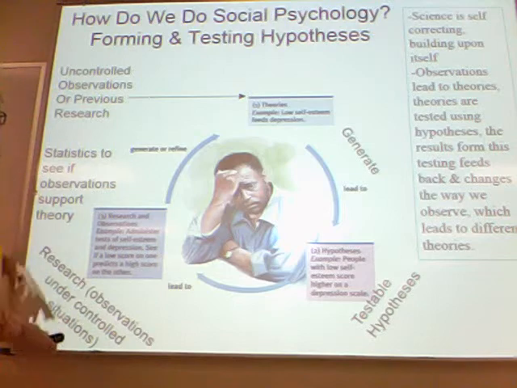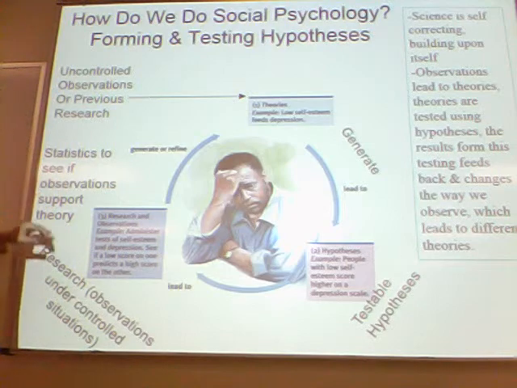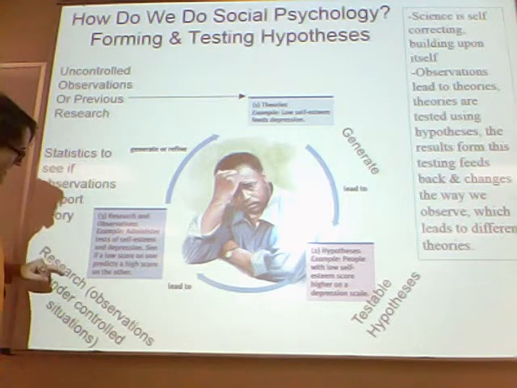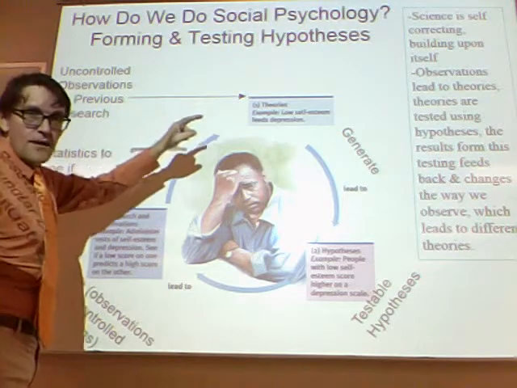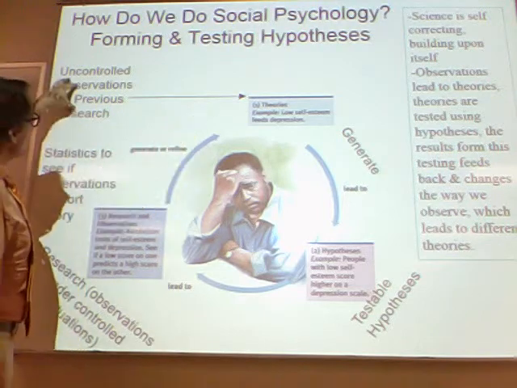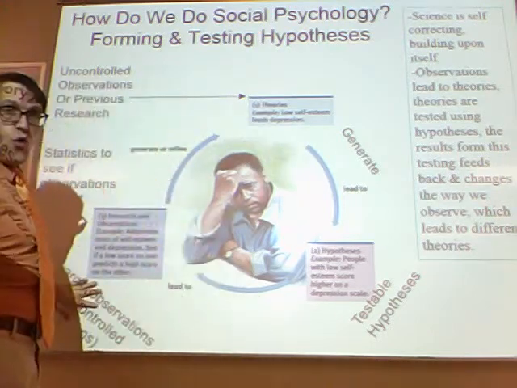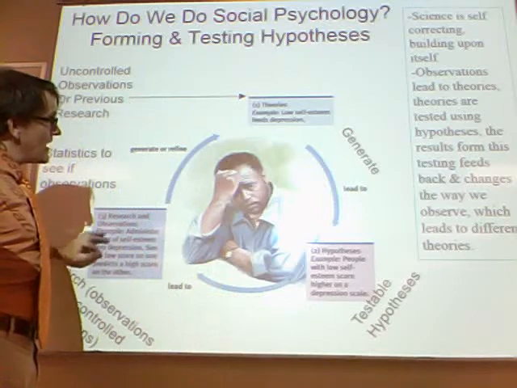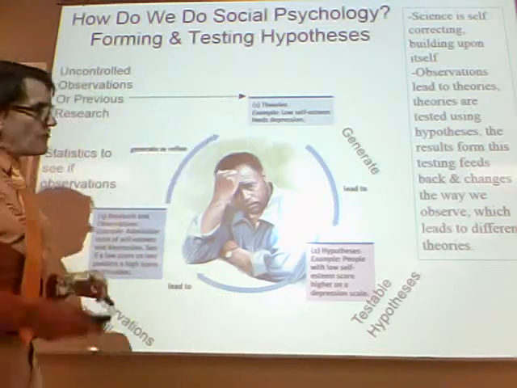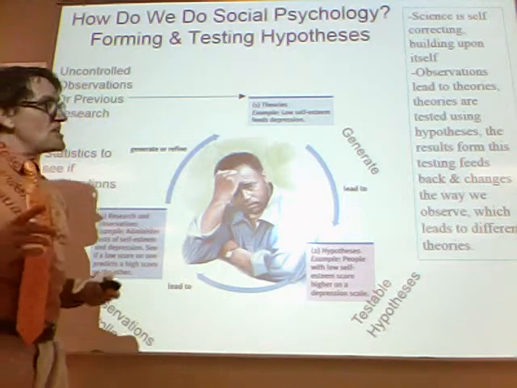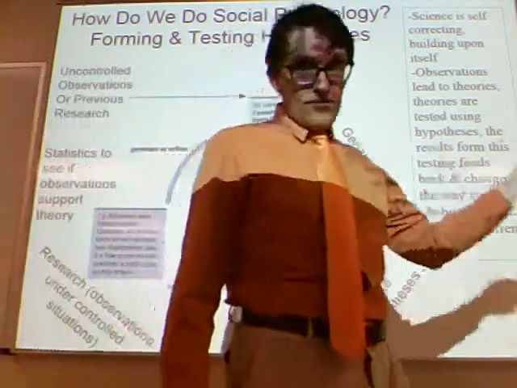And so these controlled observations use statistics to test whether or not they support the theory. We find that uncontrolled observations are at the beginning, and it comes around to controlled observations, which may or may not support the theory. It's a beautiful idea because in a perfect world, science is self-correcting. Okay? In a perfect world.